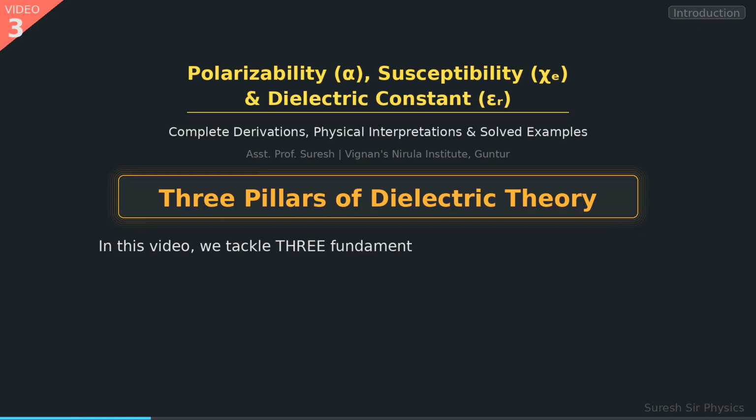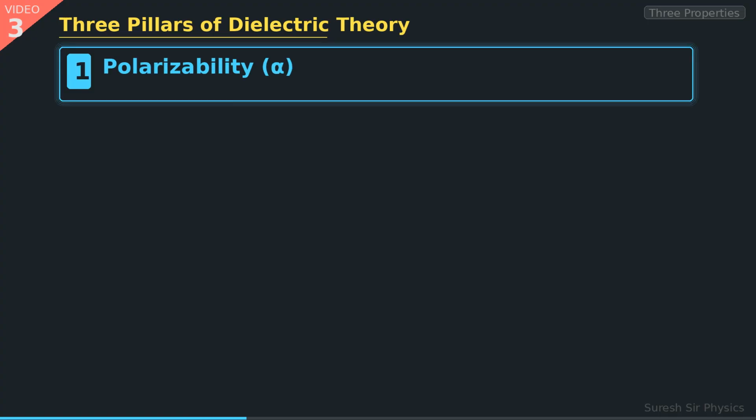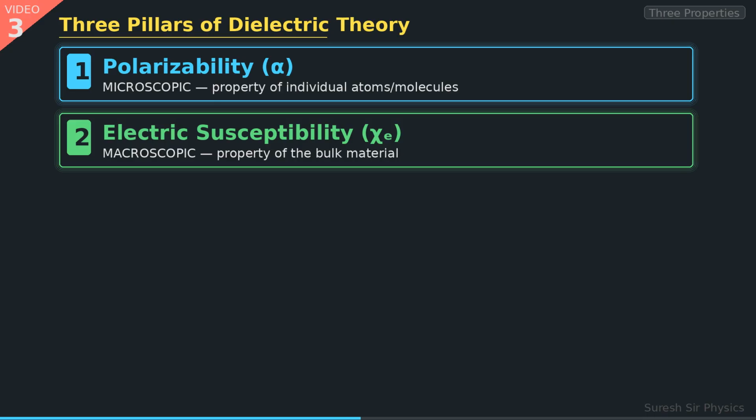Now coming back to our third class in this chapter, dielectrics and magnetic materials. In this video, we will discuss three fundamental properties of dielectric materials. 1. Polarizability is denoted by alpha, a microscopic property of individual atoms and molecules. 2. Electric susceptibility is denoted by chi sub e, a macroscopic property of the bulk material. 3.